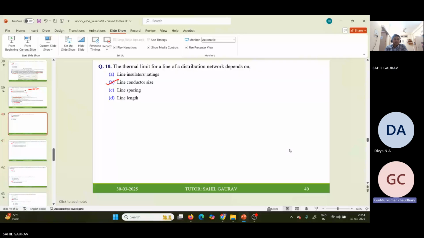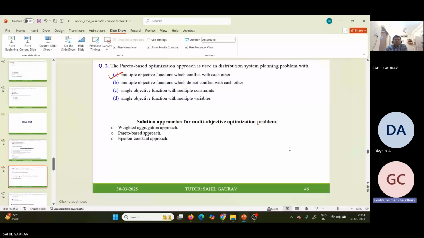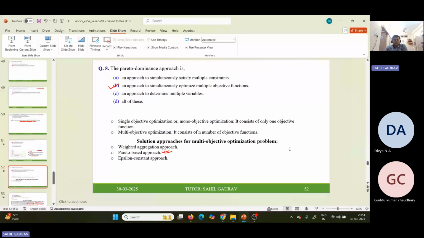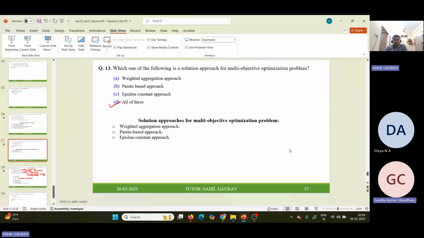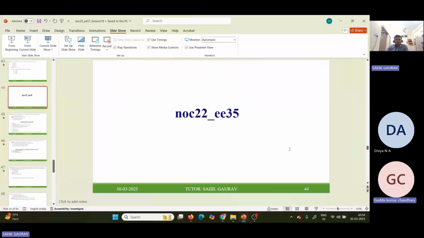Sir, how many years back has this subject been coming in NPTEL? It started in 2022. There are only odd semesters, not two semesters in a year.